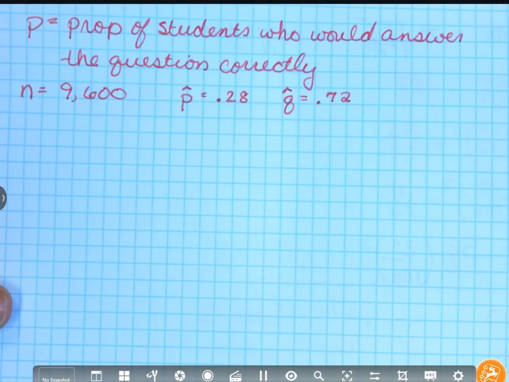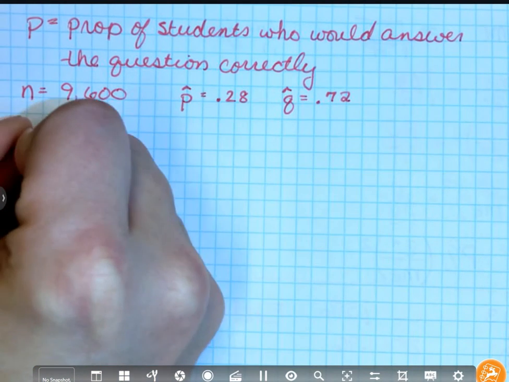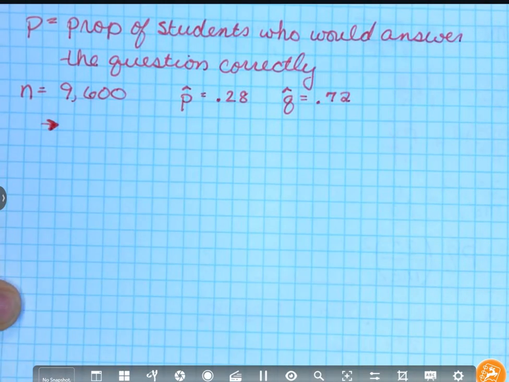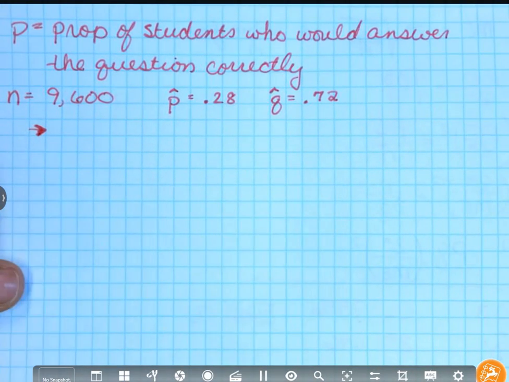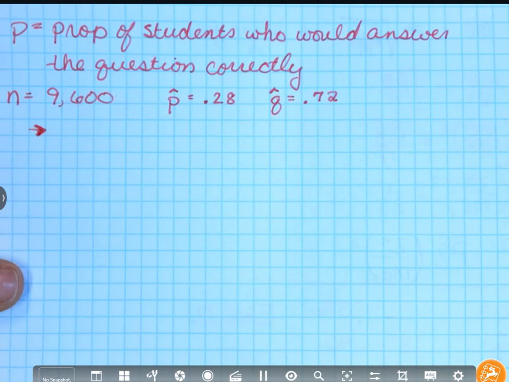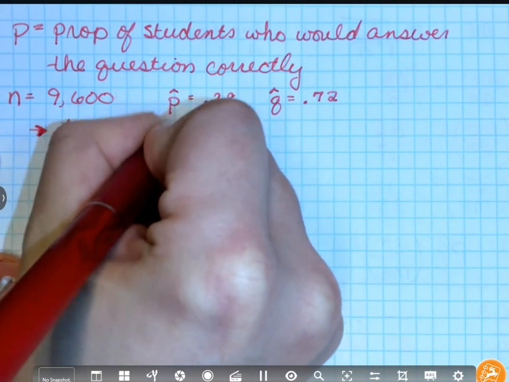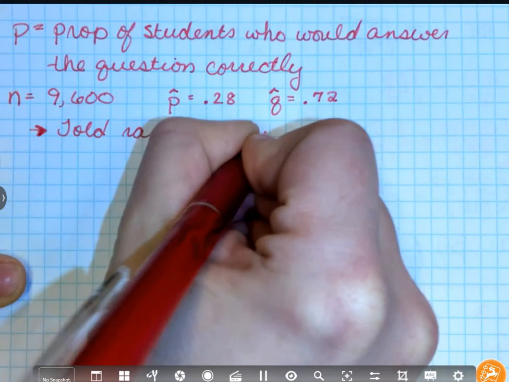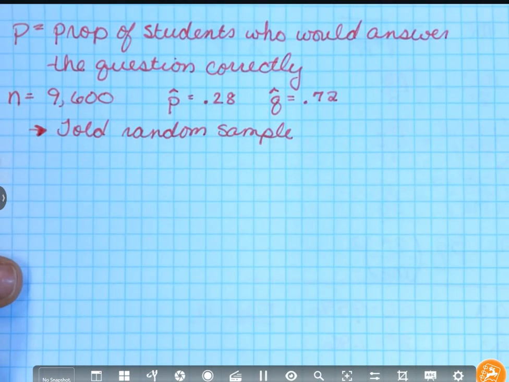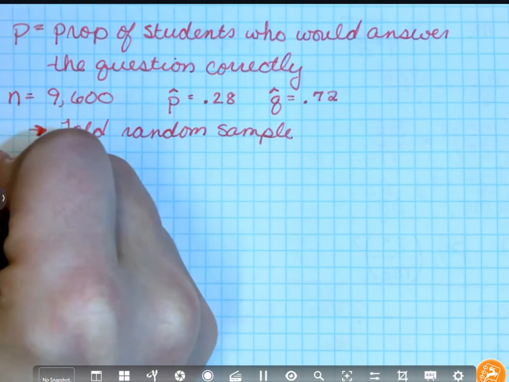Okay, what else do I need? Assumptions and conditions. What's my first one I need to write down? And in order to meet the independence, what do I need? Do we have randomization? Yep. So I'm going to say told random sample. What else do I need to check? Less than 10%.